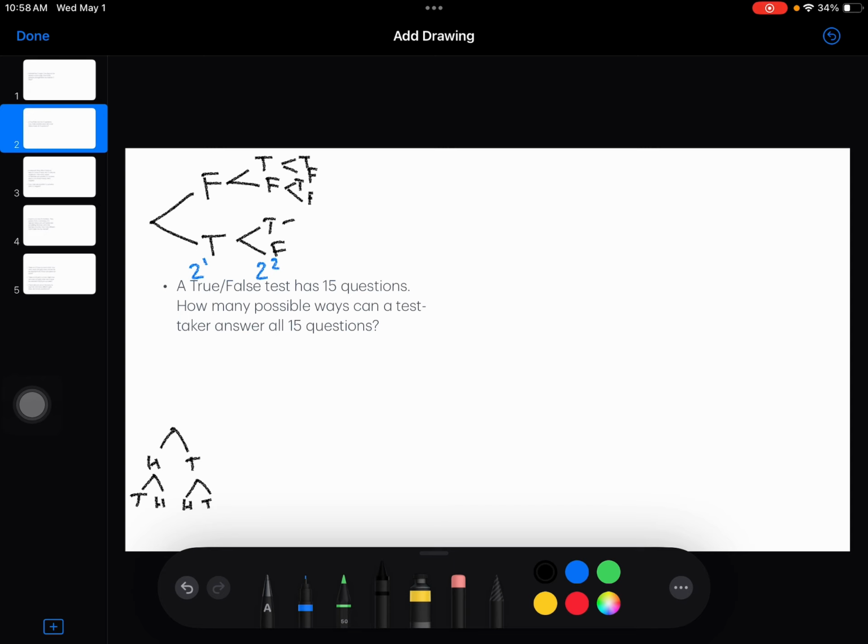But taking it out just a few places, if we count 1, 2, 3, 4, 5, 6, 7, 8, we can confirm that is 2 cubed. So if there are 15 questions and 2 possibilities for each, then that's 2 to the 15th.